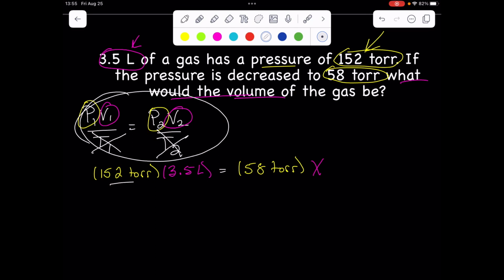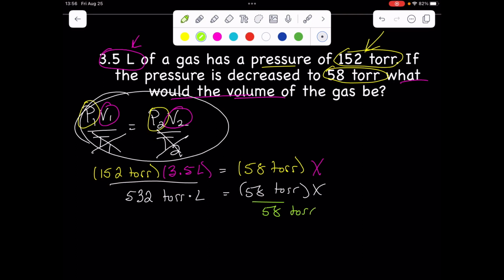It's already set up. So if we multiply the left side, I got 532 torr times liters. And on the right side, we have 58 torr times X. All right. So to solve for X, we will divide 58 torr on both sides.